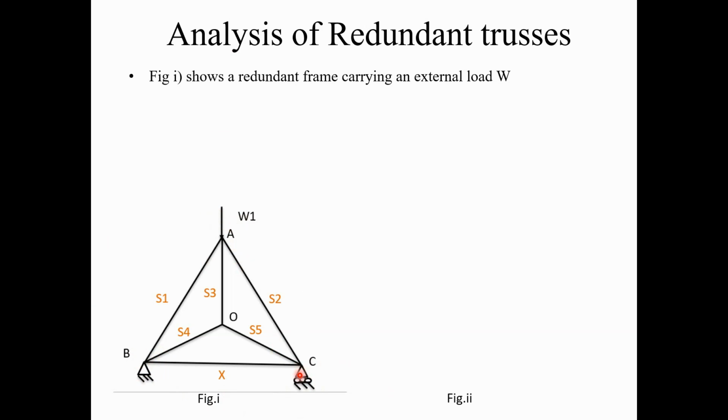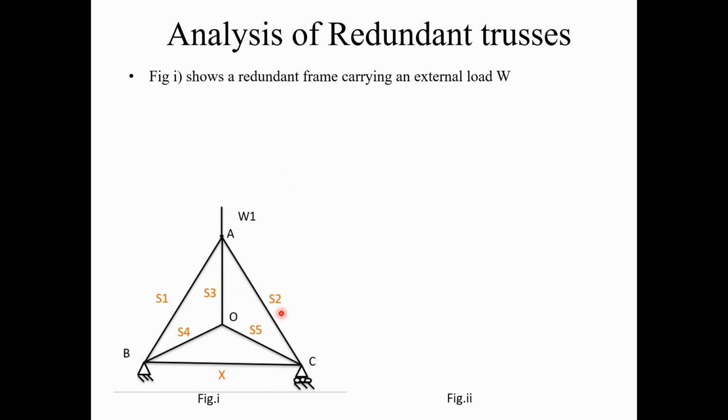So the number of unknowns is 3 and the number of available equations is also 3. So this truss is statically determinate externally. But if you find its internal indeterminacy, using m equal to 2j minus 3, and check, this truss is a redundant truss.